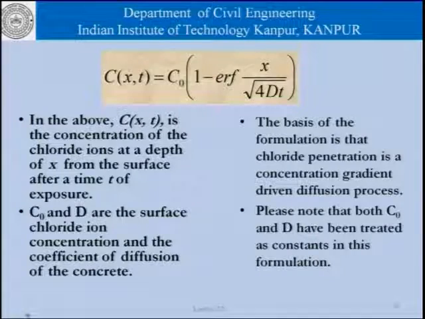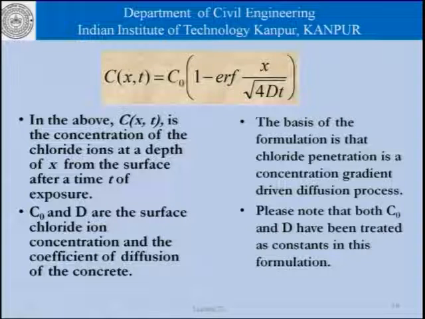Looking at this equation a little more closely, Cxt is the concentration of chloride ions at a depth of x from the surface after time t of exposure. C0 and D are the surface chloride ion concentration and the coefficient of diffusion of chlorides in concrete.